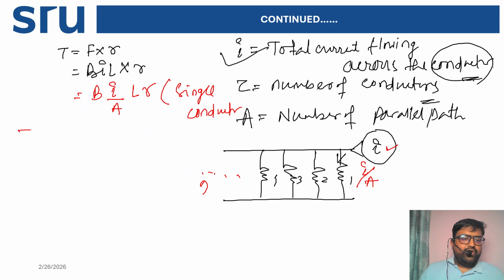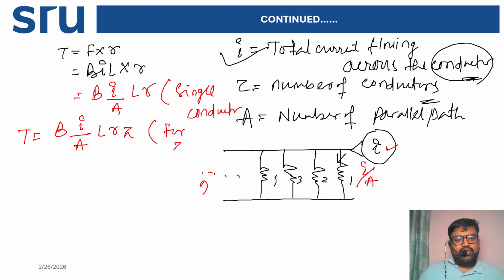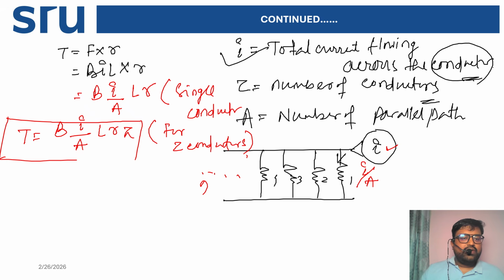Then the torque for multiple conductors, or Z number of conductors, the formula will be B I by A L R Z, that is for Z conductors. Now we derived this from this.